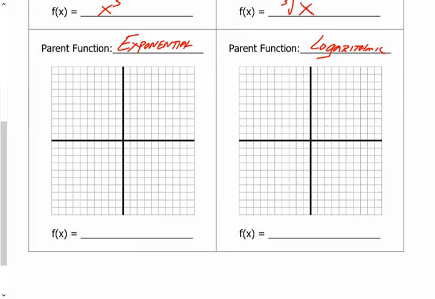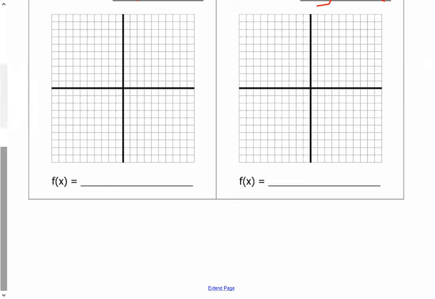We talked about what bases were, and I always find that 10 to the x is always a good one for a parent function because it'll do this for right here.